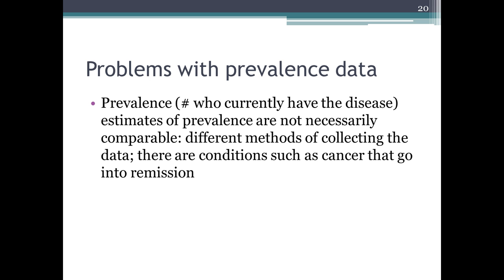But in general, once a patient has cancer, despite being in remission, they are counted as having cancer until they are actually dead, and then the statistic changes and they're no longer part of the prevalence data. So that's one of the limitations about prevalence.